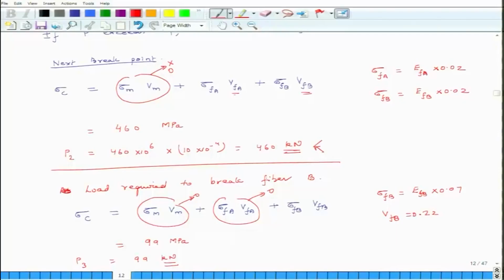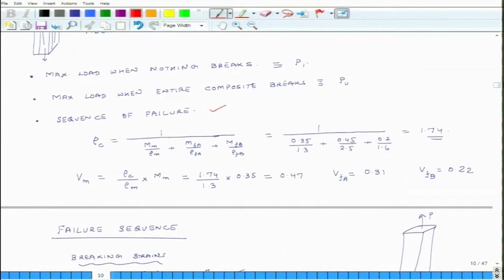So, the answer to this first question is, the maximum load when nothing breaks is 422 kilonewtons, and the maximum load when the entire composite breaks is 460 kilonewtons. So, the point what I am trying to make is that when we do analysis of cracks and failures in composites, it requires a little bit more thinking and to be more aware of the physical processes which are happening, and using that understanding we can predict failures of different components of the material.